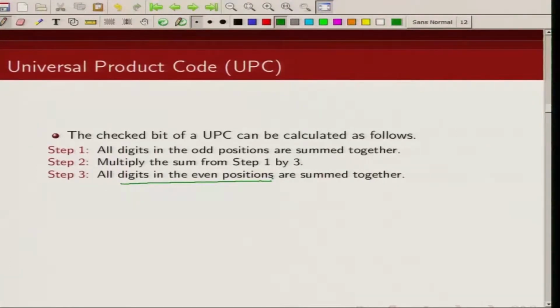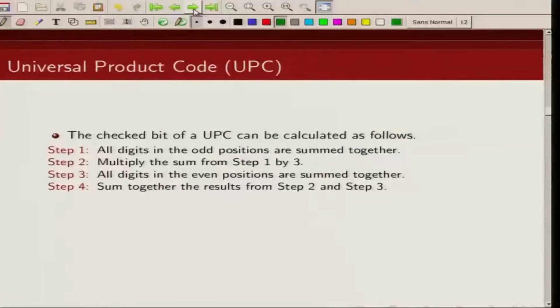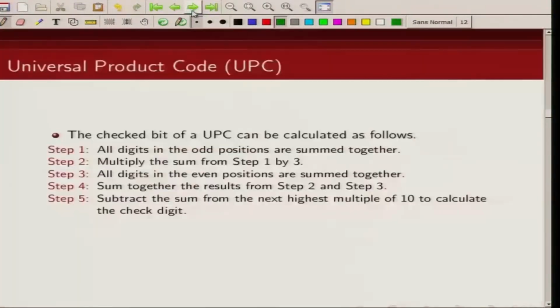So, it will be 3 times (A1 plus A3 plus A5 and so on), plus A2, A4, A6, like that. Essentially you are weighting the numbers, multiplying by 3, 1, 3, 1, like that, and you add them all up and subtract the sum that you get from the next highest multiple of 10.